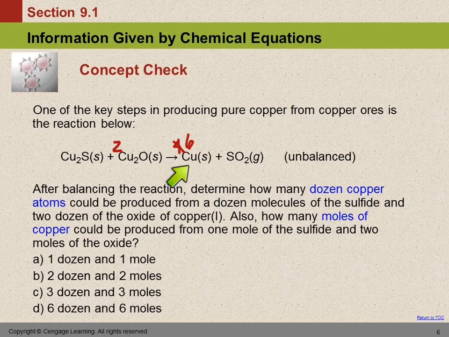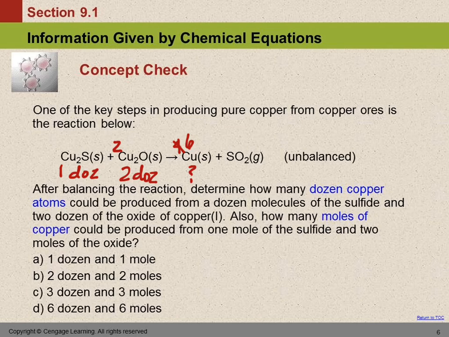So they're asking us how many copper atoms, that's our question, and they're saying we've got a dozen of the sulfide, so 1 dozen of those, and 2 dozen of these. So it's asking us in terms of dozens, which is nice because we know what a dozen is. A dozen is 12.